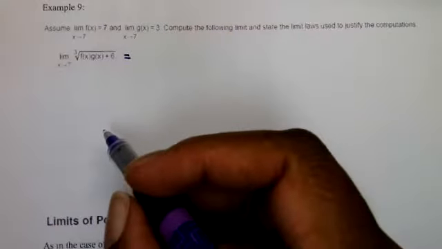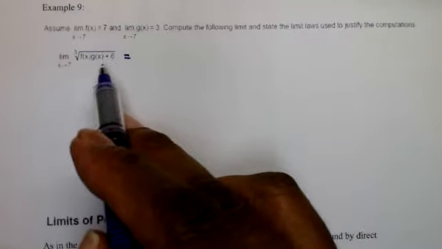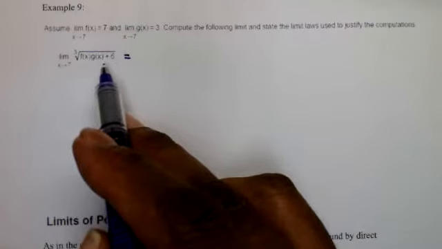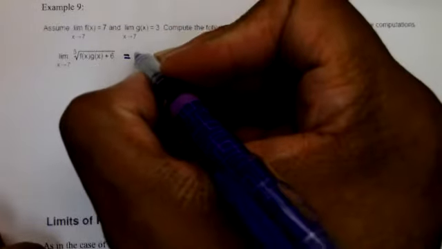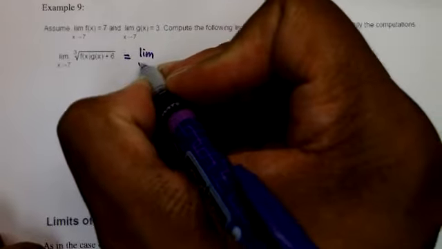Okay, this is what I'm going to do here. First of all, I'm going to write the cube root of this in its equivalent exponential form. So the cube root of f of x times g of x plus 6 underneath that radical. Let me bring over the limit as x approaches 7.